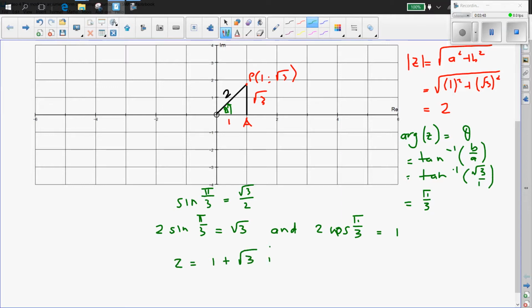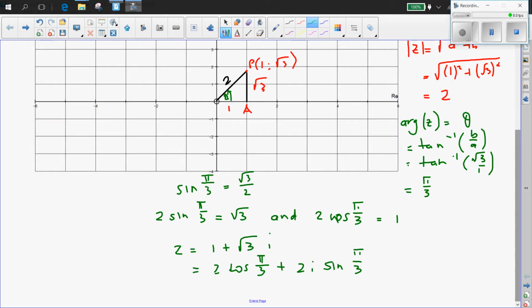I can write it as z equals 2 cos pi over 3 plus 2i sine of pi over 3. We take out 2 as the highest common factor, reminding ourselves that 2 is the modulus of z.